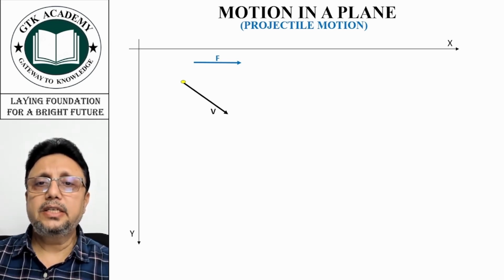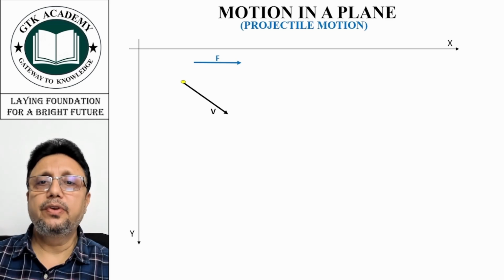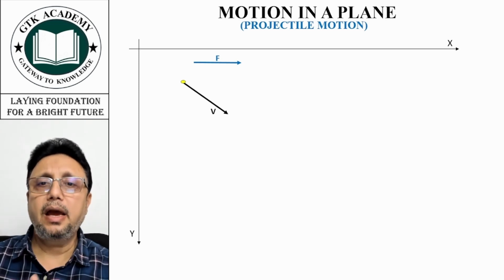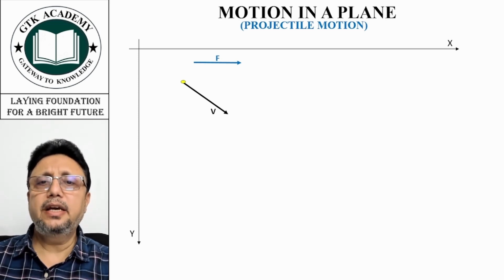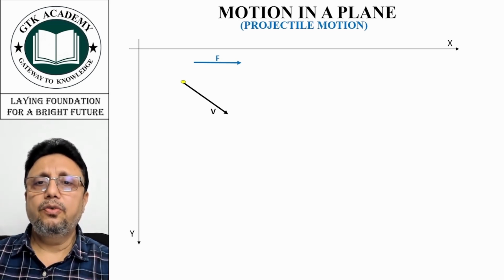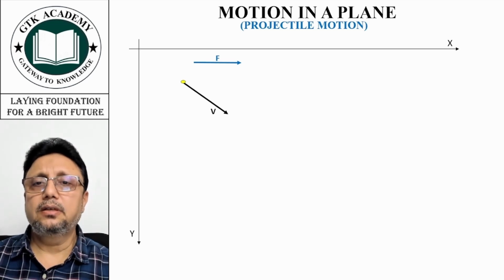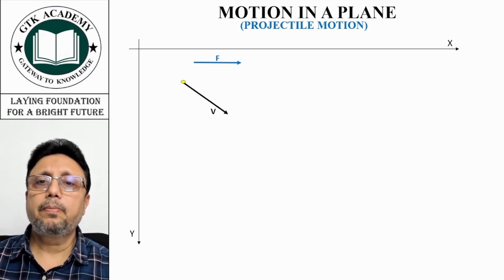So the path in this case has to be curved. The velocity will change in magnitude as well as direction. Now let's understand how it happens. Let me give you some idea so that when we use that, you won't face much problem.